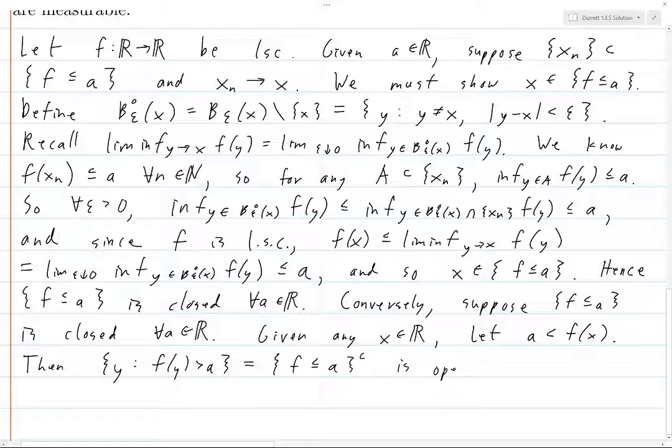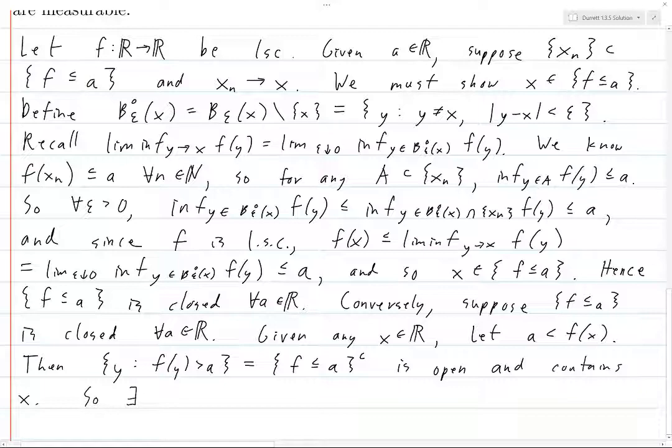So this is open, and furthermore, it does not contain x. Wait, no. It does contain x. I sort of got mixed up when I was writing this proof. And it contains x.